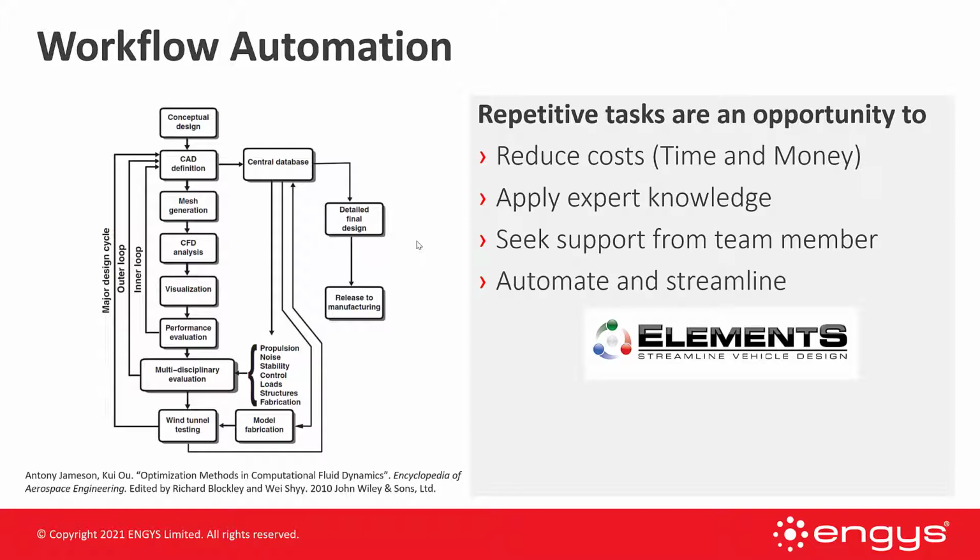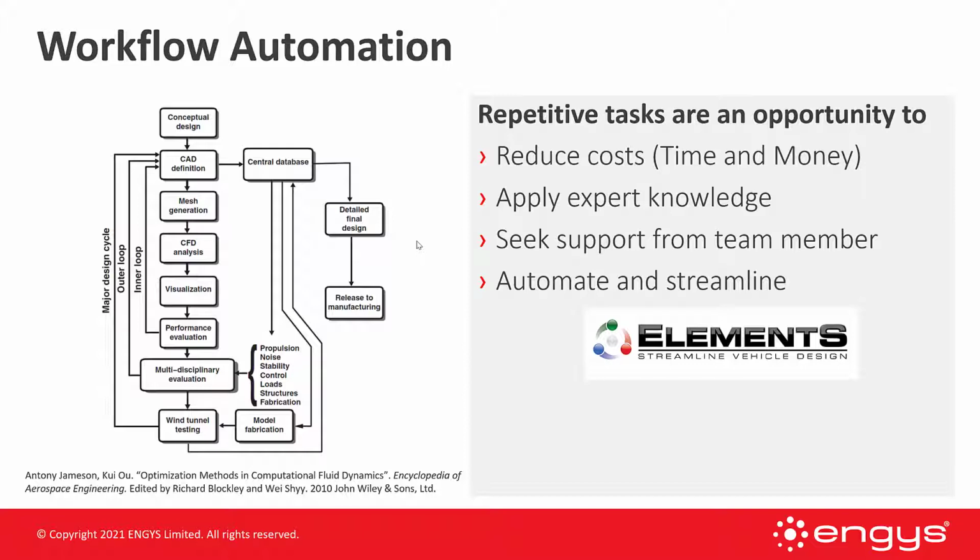Automation: repetitive tasks are an opportunity to automate and streamline, and really this is the core of what Elements does for automotive simulation, especially for aerodynamic simulation. We're able to boil down different meshing strategies, numerical settings, simulation strategies, and what data to export, and automate.